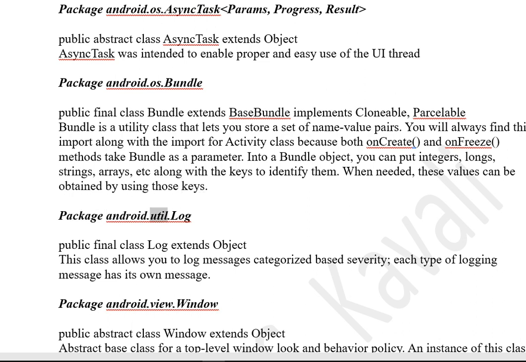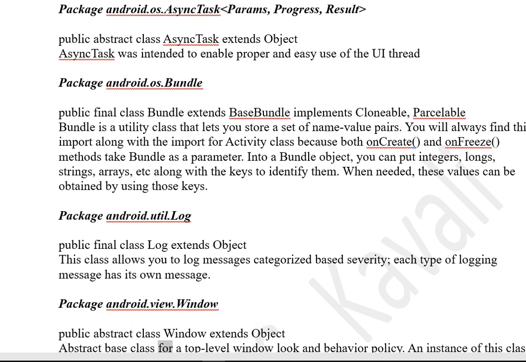Package android.util.Log. Public final class Log extends Object. This class allows you to log messages categorized based on severity. Each type of logging message has its own method. Package android.view.Window. Public abstract class Window extends Object.